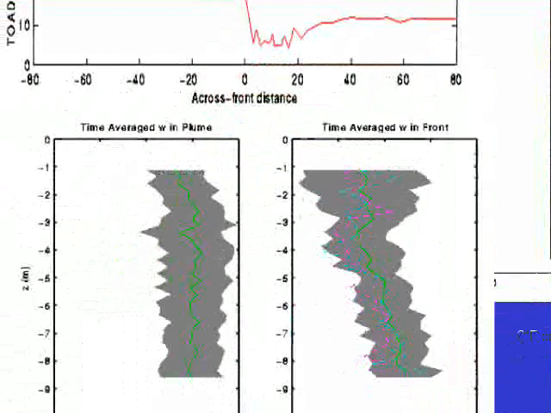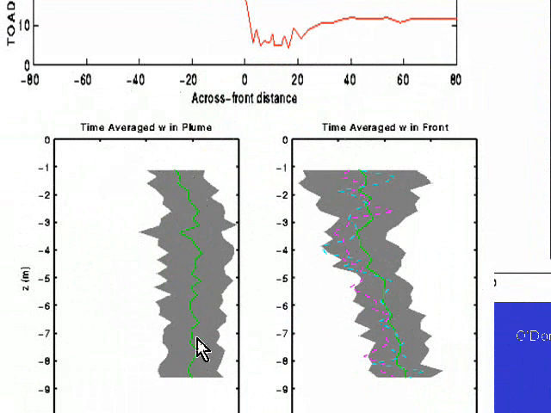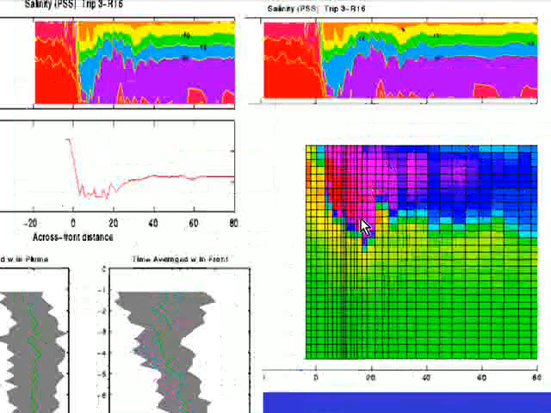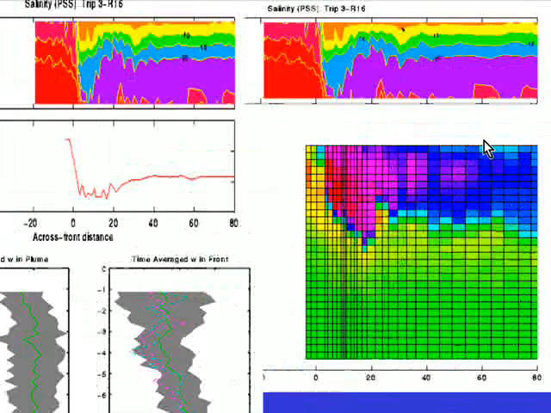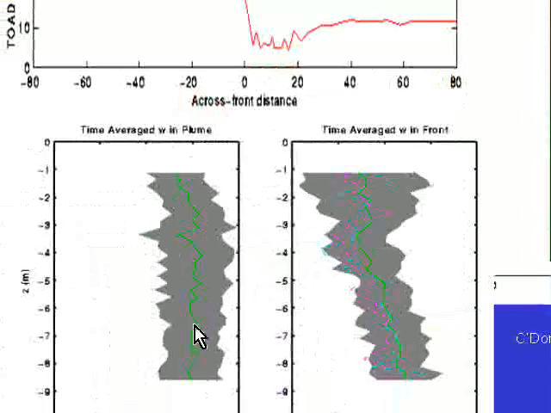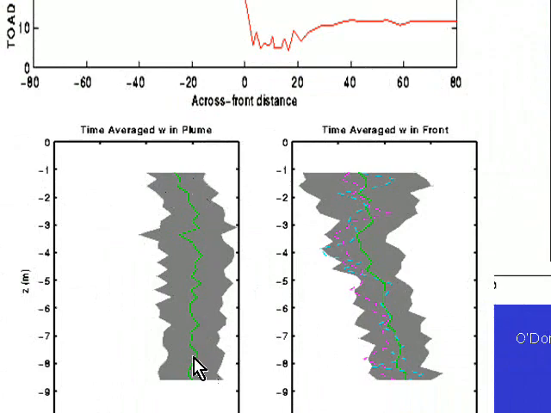So what you have here is the time average profile, the green line, of the vertical velocity throughout this entire region of the plume. The vertical average is essentially zero, or very weak vertical velocity. This is the standard deviation, the gray region.